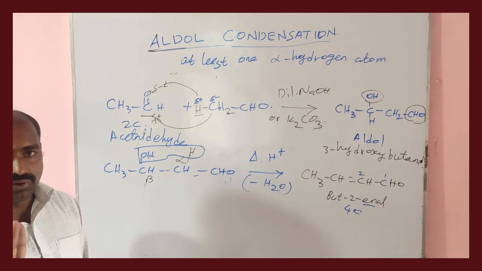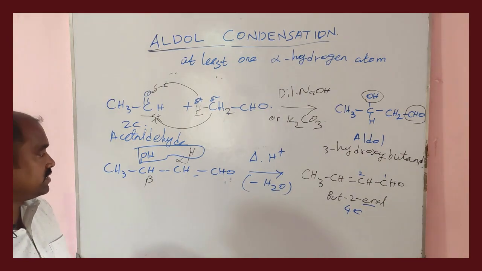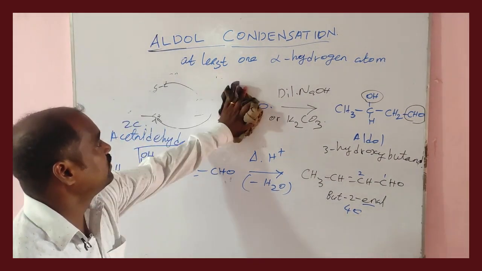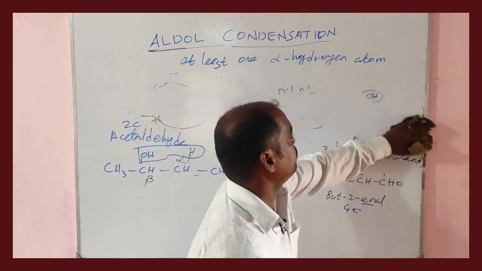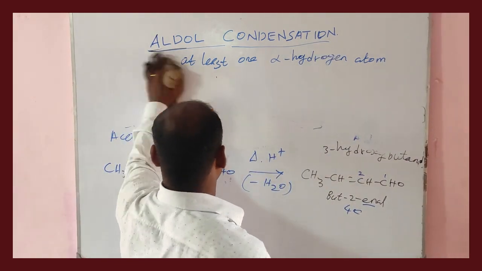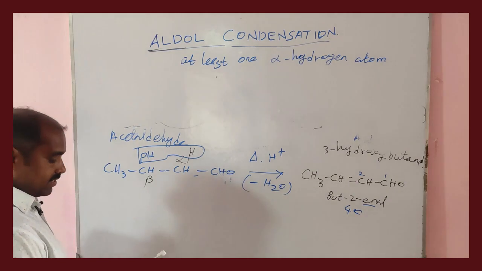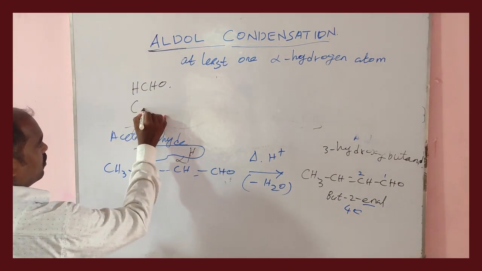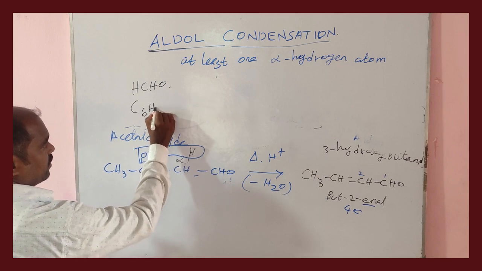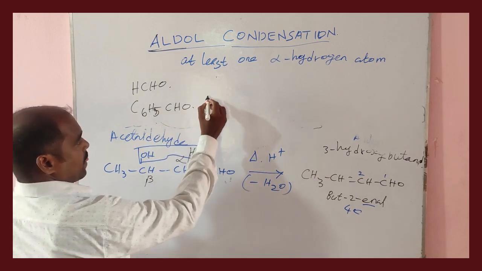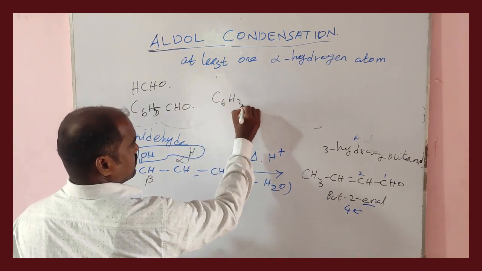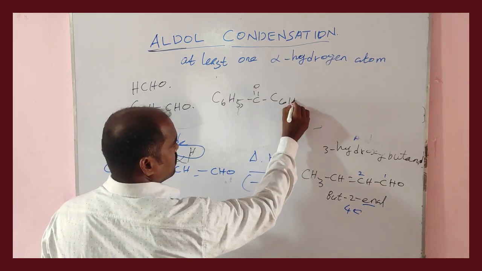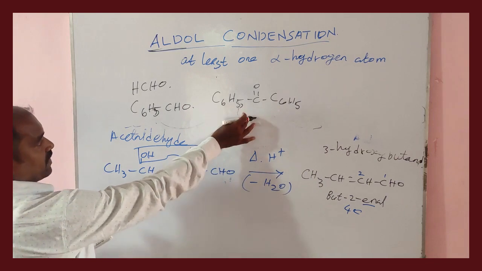Now, some compounds do not take part in aldol condensation. What are the compounds? Formaldehyde, benzaldehyde and benzophenone. What is the formula of formaldehyde? HCHO. Benzaldehyde is C6H5CHO, and C6H5C double bond O C6H5 is benzophenone.